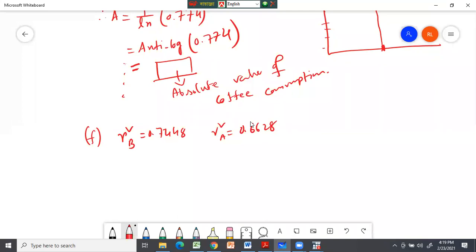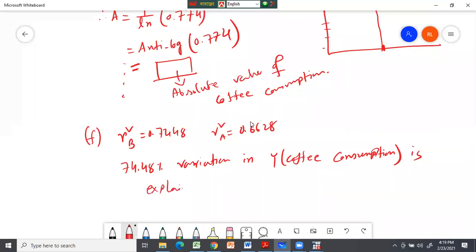Here R square for model B is 0.7448, which means 74.48% of the variation in Y, that is coffee consumption, is explained by X, or the price of coffee. Similarly, 66.28% of the variation in coffee consumption is explained by X in model A, that is, the price in model A.